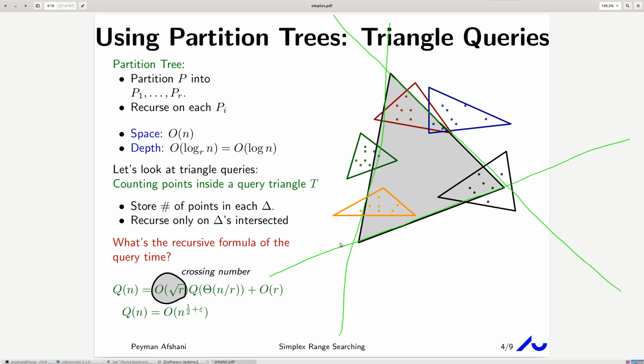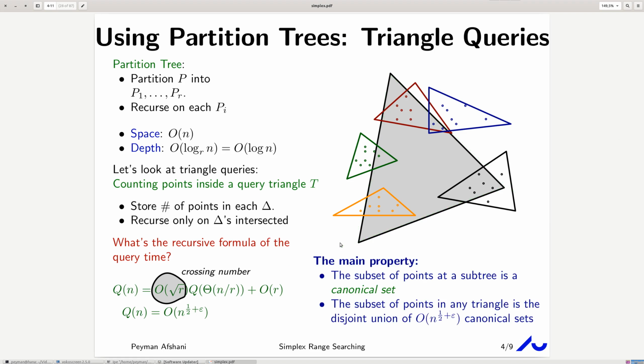Each line intersects O of r partitions, so in total you intersect 3 times O of r partitions. Since 3 is a constant, you can just put it inside the O notation. So you intersect O of r subproblems, and essentially you get the exact same recurrence and the exact same answer.